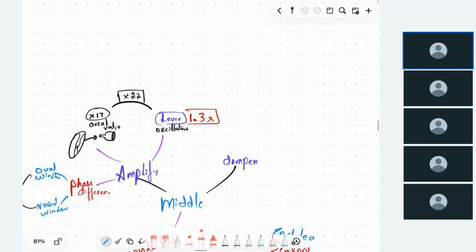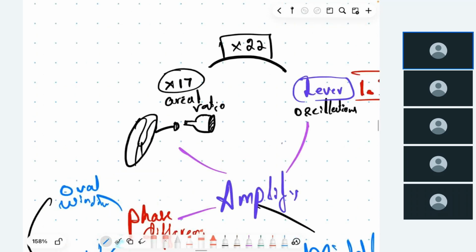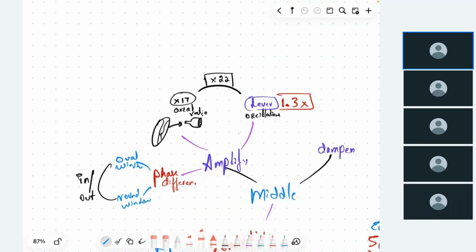And then we have the hydraulic action of the tympanic membrane. The area of the tympanic membrane is much larger compared to the small footplate of stapes. So there is a lever action. That is, the handle of malleus is 1.3 times longer than the long process of incus, giving a mechanical advantage of 1.3 times.